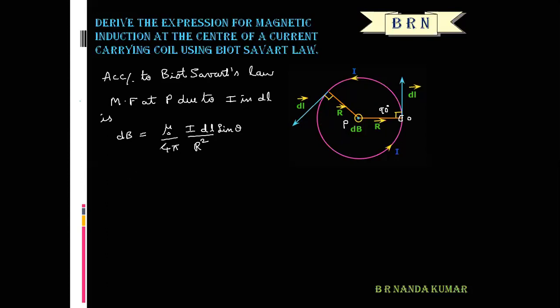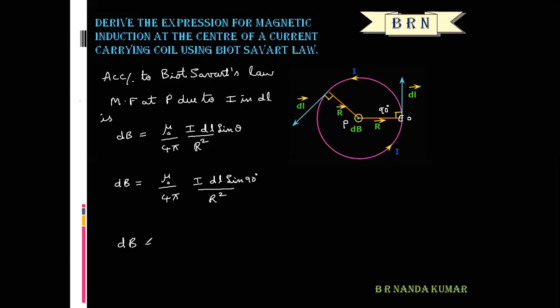Now this expression becomes dB is equal to mu naught divided by 4 pi, I dl sine 90 divided by r square.